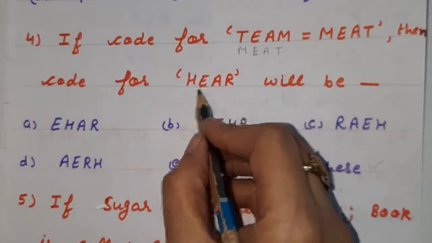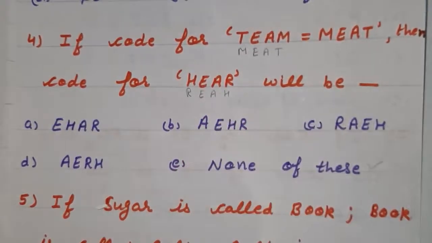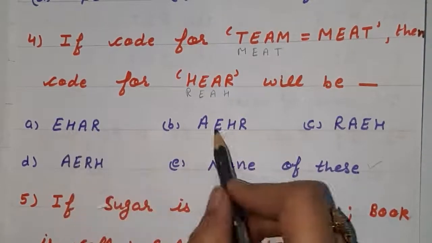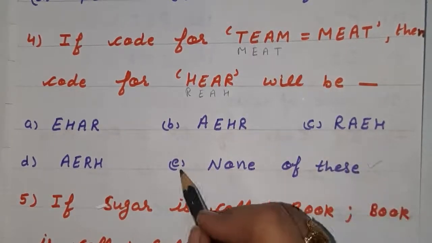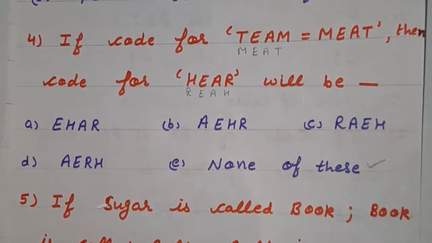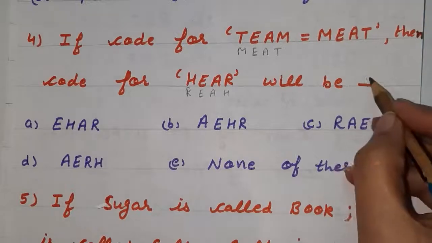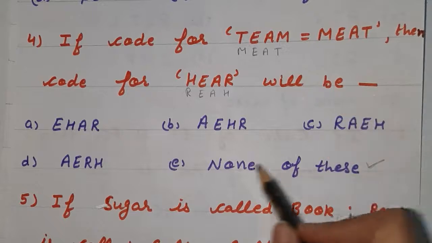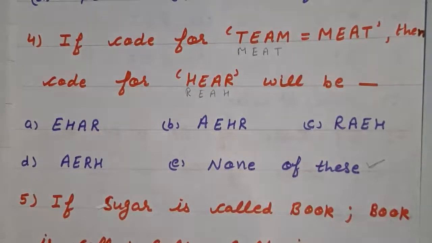So here also, change the places for R and H. E and A will be as such. Now check. R-E-A-H. No. R-A-E. No. So our answer is E, none of these. Here you will write down option D, none of these. No need to write here none of this because our answer is R-E-A-H and it is not given. So we will tick only.